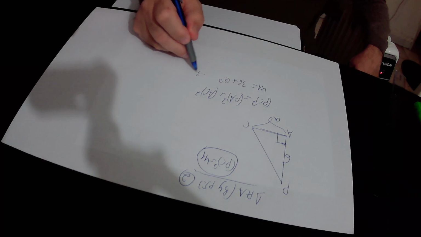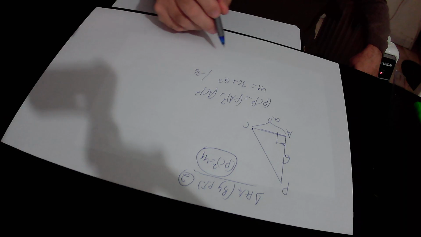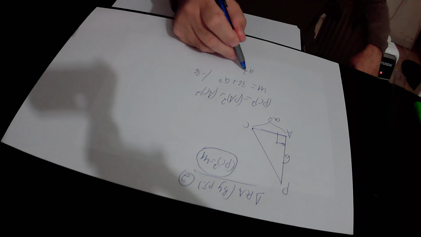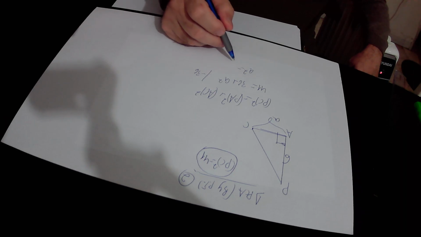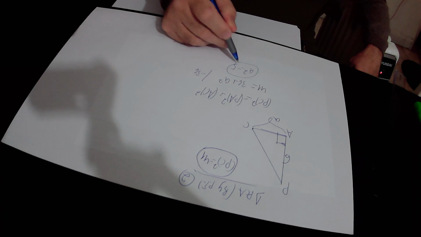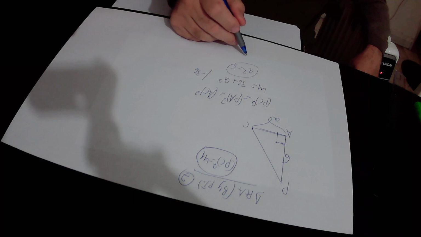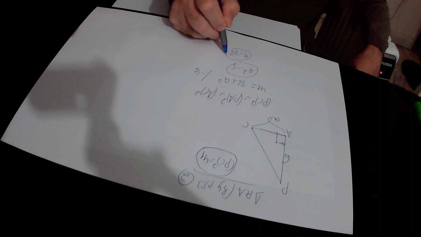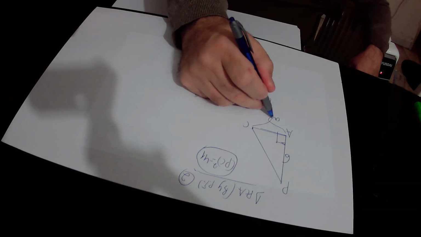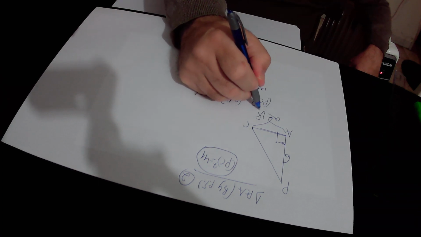Here we subtract 36 from this equation, and finally we get that A square equals 41 minus 36, which is 5. A square equals 5. We take a root of this equation, and finally we get that A equals the square root of 5 units.